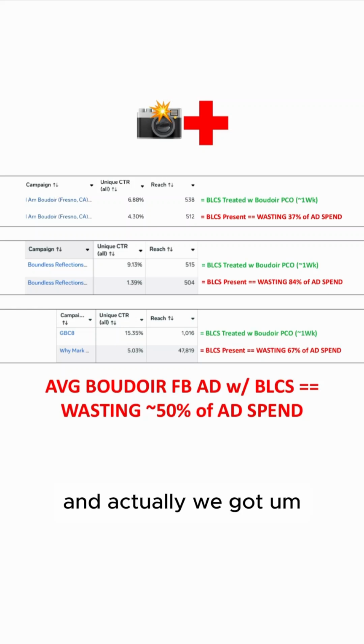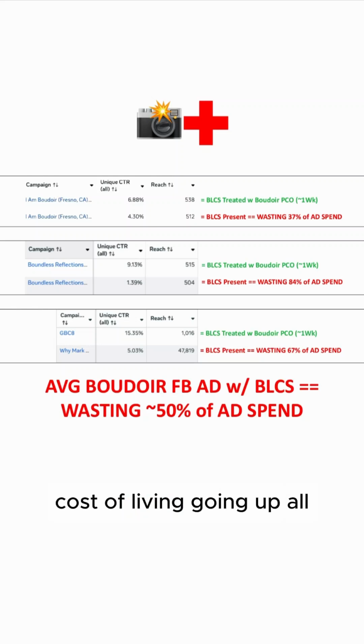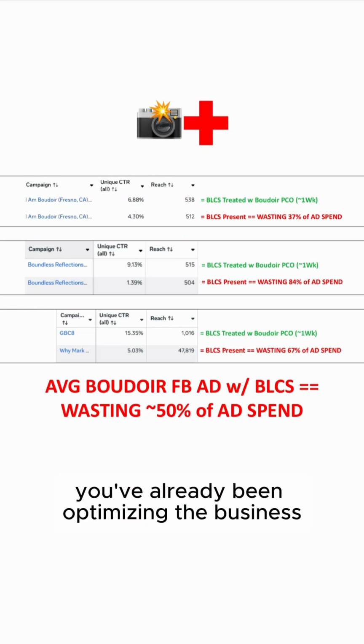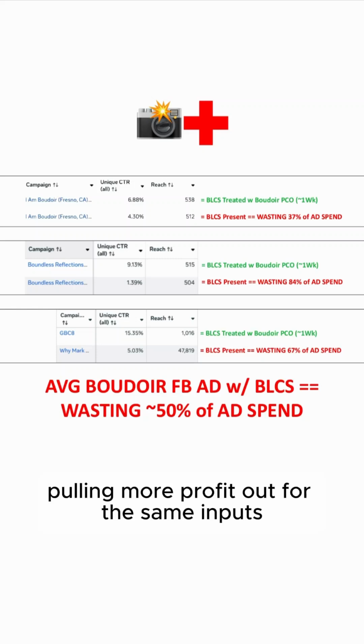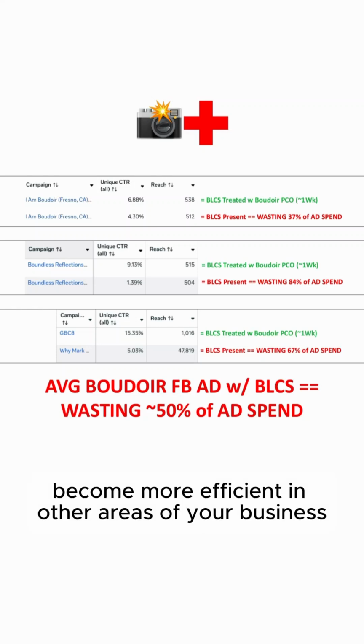And you're also looking around and seeing inflation, cost of living going up basically everywhere. So you've already been optimizing the business, pulling more profit out for the same inputs, or even better, less inputs, becoming more efficient in other areas of your business.